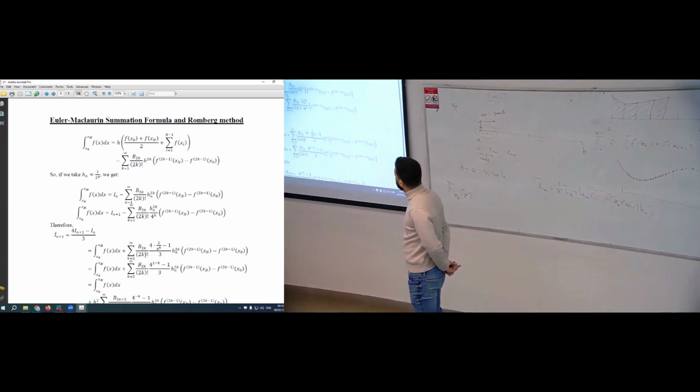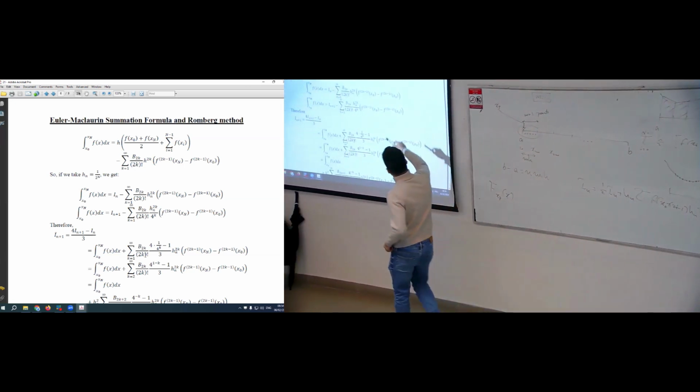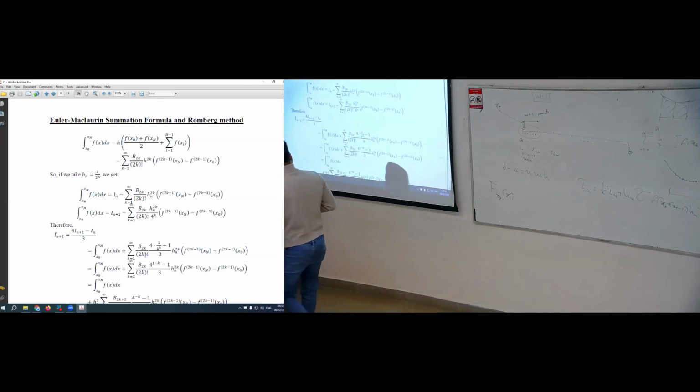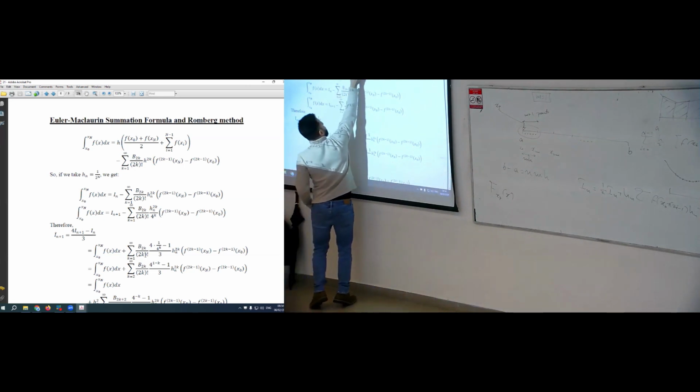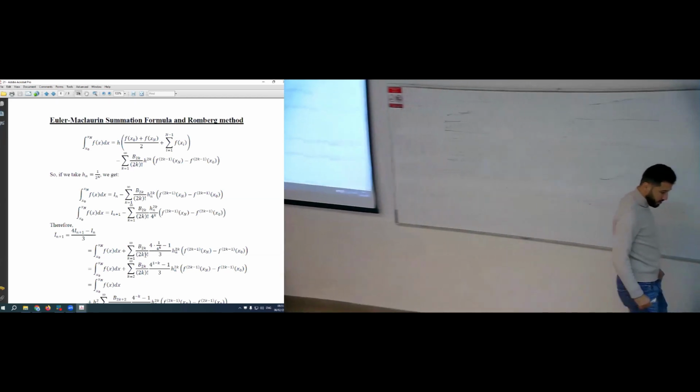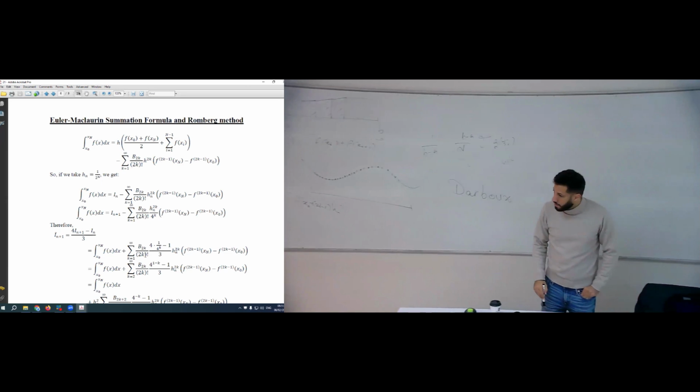Anyway, we see from this theorem that the trapezoidal method has an error of h squared at the first order, and after that of h to the fourth, and then h to the sixth, etc. Okay.